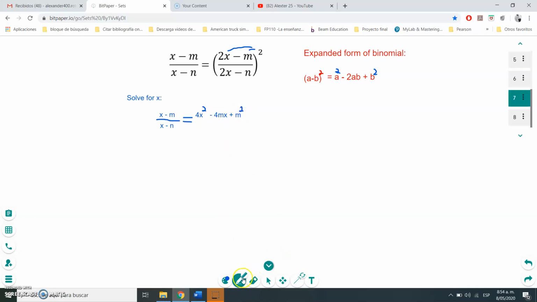Now, what do we do next? Now we have to do the same procedure in the denominator. We have to solve 2x to the power of 2, that will be 4x squared.